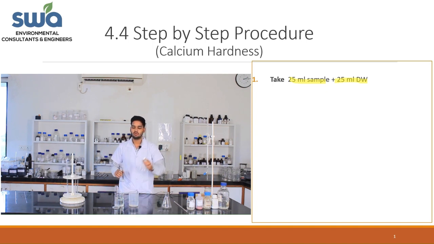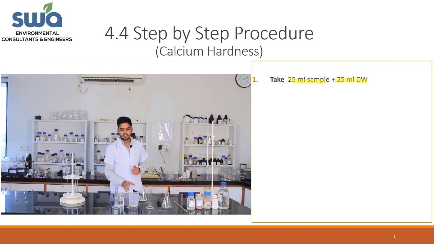Transfer it into a conical flask, and after that refill the burette with EDTA. And as I said, the standardized EDTA must be used, and the standardization process is given in the annexure. You can refer and get the accurate normality of EDTA.